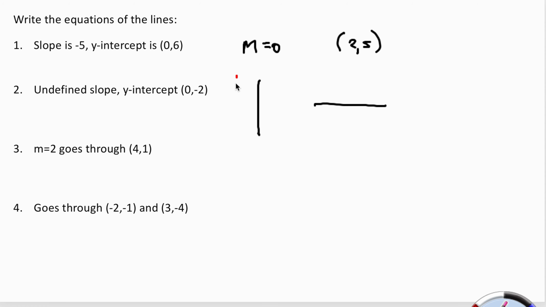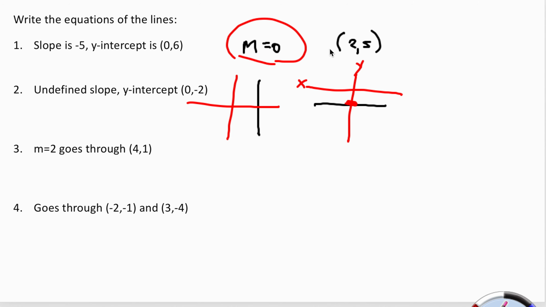Let's imagine putting it on a grid, and this is the 0 slope. So it's going through y. So the variable that goes with a 0 slope is the y. So y equals 5 is my equation, right?